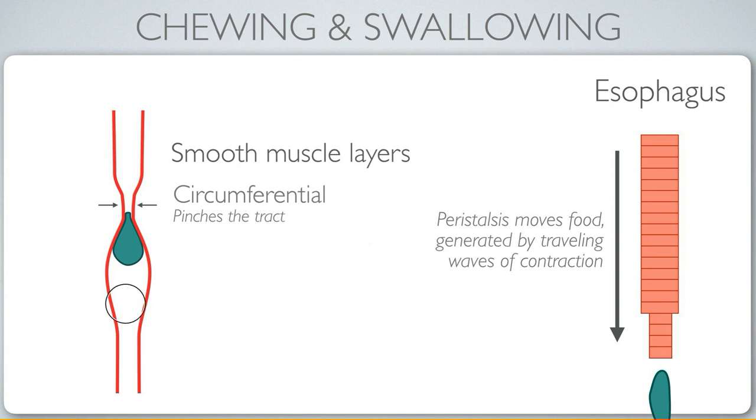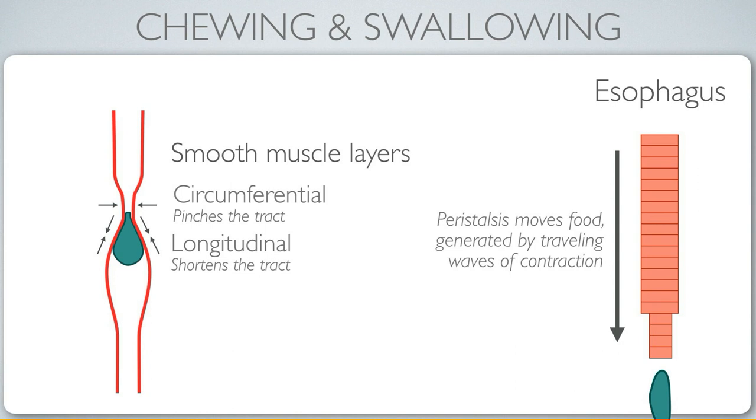But you also might notice that the shape of this hourglass is different on the stomach side of things than it is in the wake, or the region behind that pinching. And those differences in shape are achieved through the other muscle layer that wraps around the esophagus. Those muscle fibers run the length of the esophagus, and so we call them longitudinal muscles. When longitudinal muscles become activated, they shorten the tract regionally, and that changes their shape.